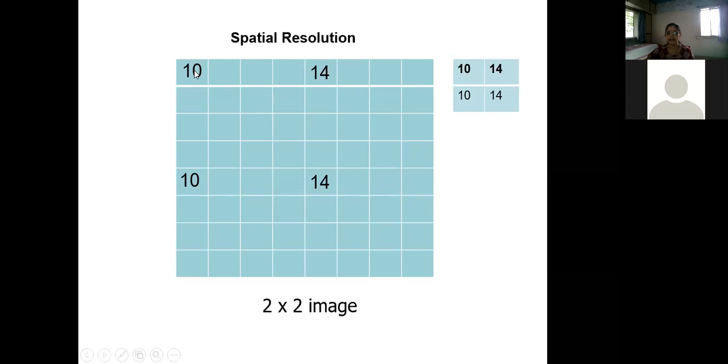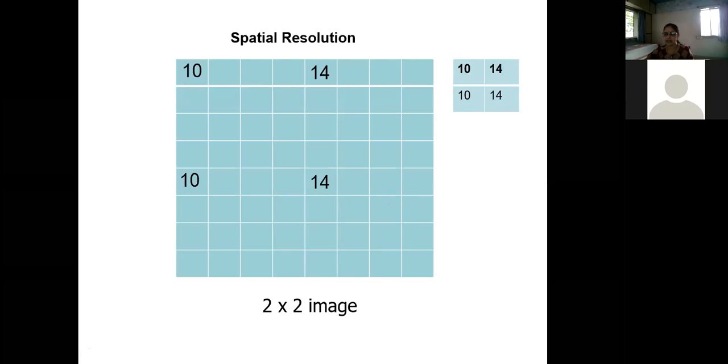I can replicate the same sample over the remaining locations. I can replicate this 10 here, here, here, and till this location. I can replicate 14, a total of 16 times. I can replicate the value of 10 over these 16 locations, and replicate this value over all these locations, so that though the resolution is less, I can reproduce the image of original size.